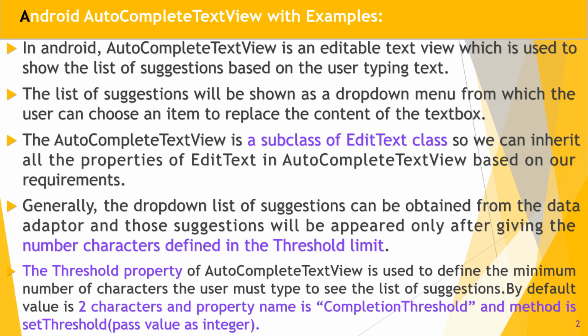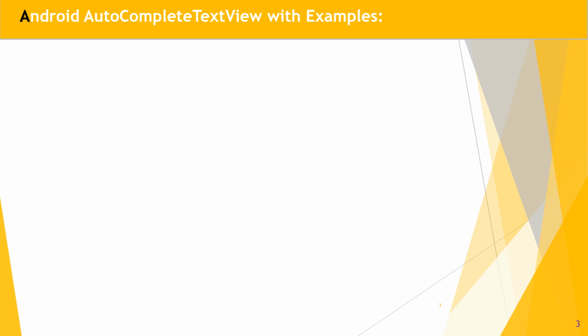There are other properties also present for the autocomplete text view. We will see all these attributes or properties when we demonstrate the example. So let's move to the next point.